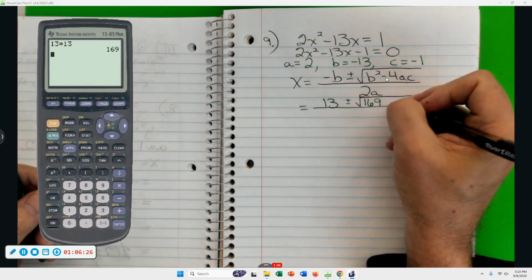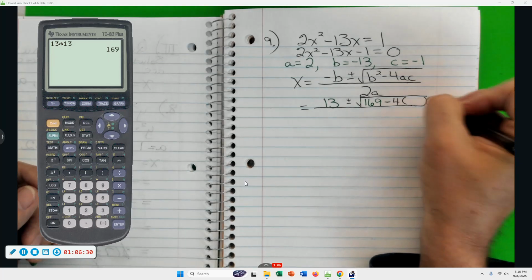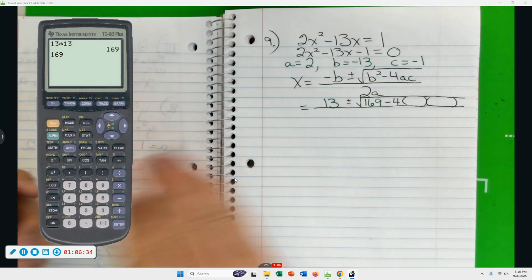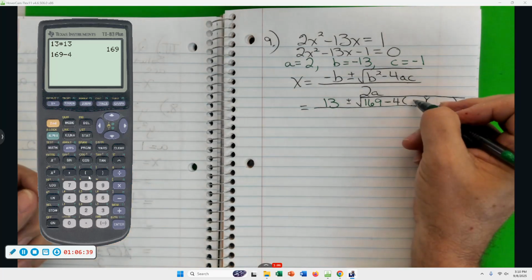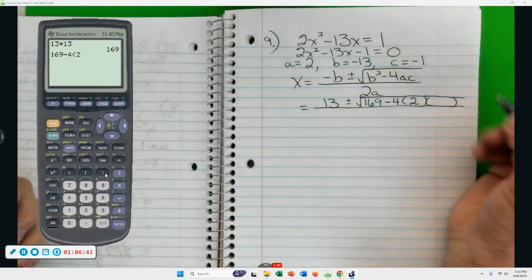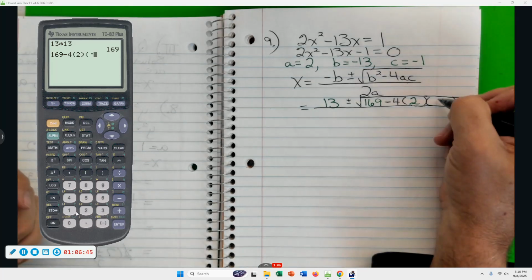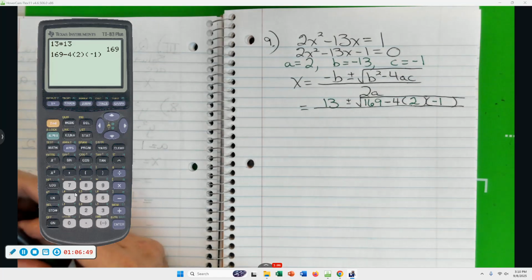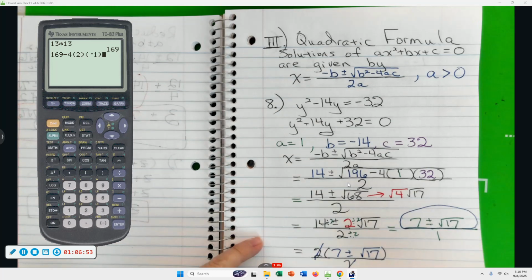Minus 4 times A times C. A is, what am I going to write here? 2. C is negative 1, all over, what's my denominator going to be? The first one, it was just a 2.